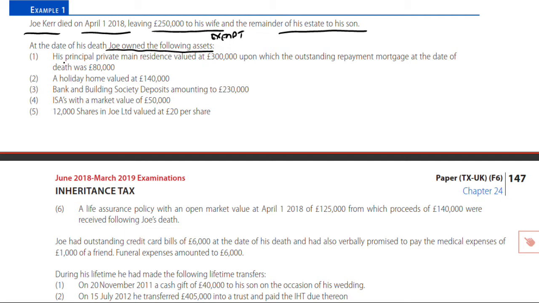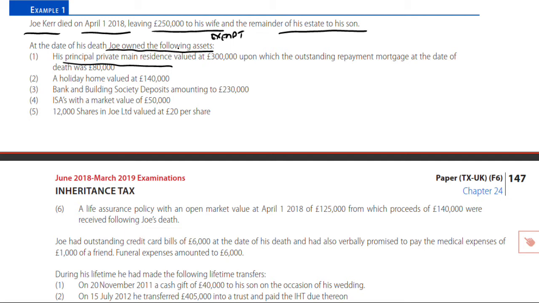Now, we're talking about the principal private main residence. Principal private residence. You've seen that term before, haven't you? And this is a deliberate move on behalf of the examiners here, testing out whether you can distinguish between your two capital taxes. Principal private residence relief is capital gains tax.